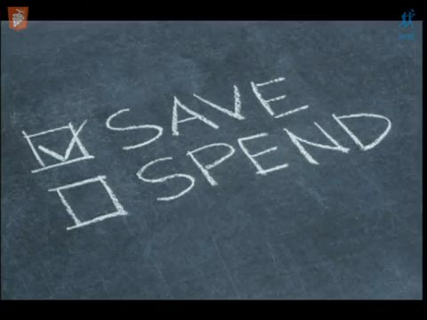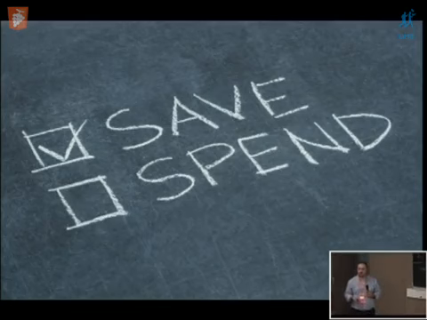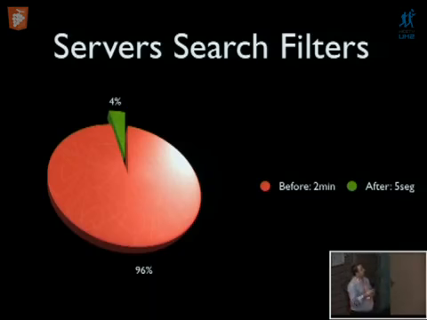Now I'll show you what they save in time in the day-to-day from this application. The server search filter that we showed before: before, they took 2 minutes to filter the stores they wanted by IP.